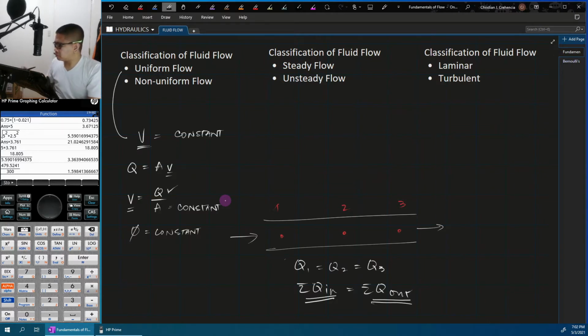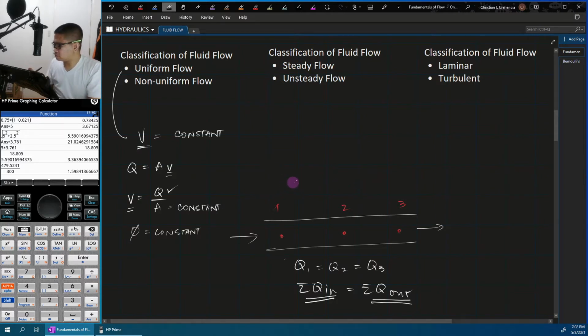So kung yung pipe ay nag-change ng diameter, just like in a nozzle, okay? Mas malaki yung diameter dito, if we call this 0.1, as compared dito sa 0.2. So this will be a non-uniform flow.